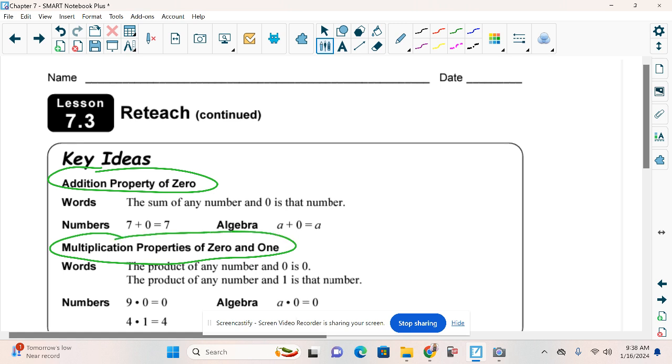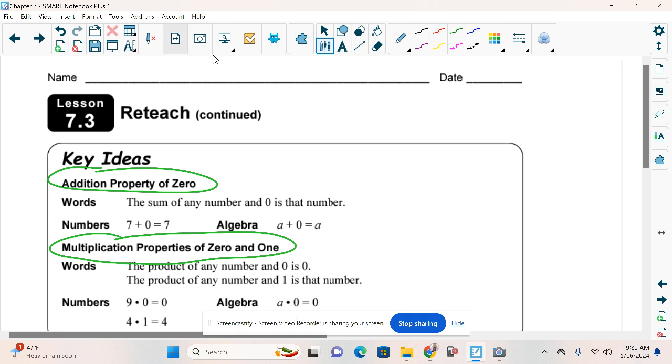Meaning, if I multiply anything by 0, my answer is 0. If I multiply anything by 1, my answer is the same number, right? Whatever you're multiplying by. So those are 4 properties that you're going to have to take the time to memorize on your own that you will see again. But these are also properties that you have seen in the past.